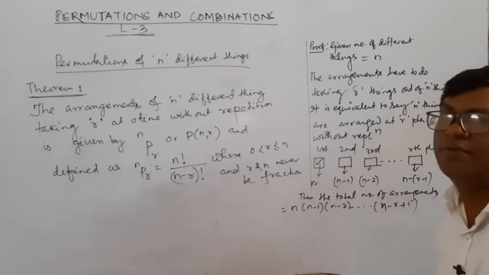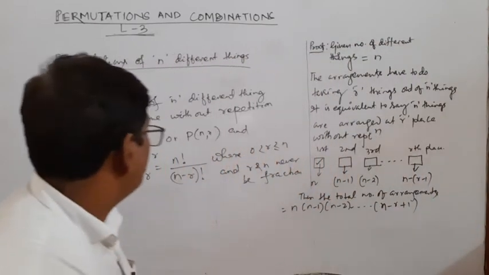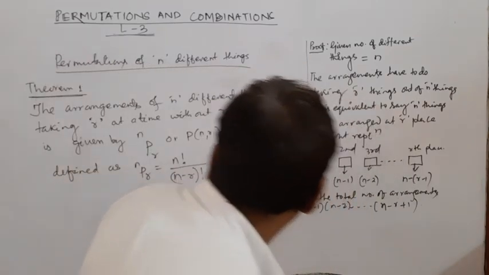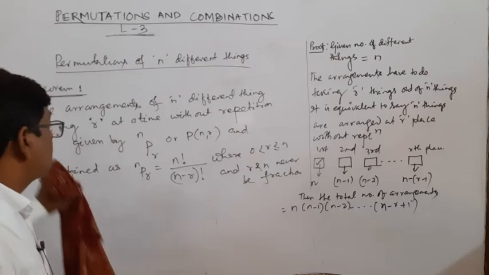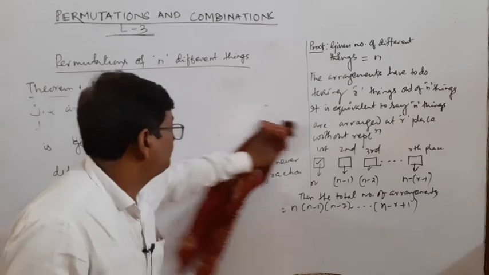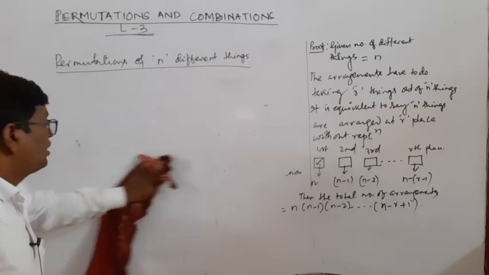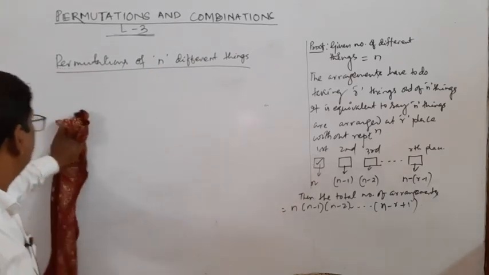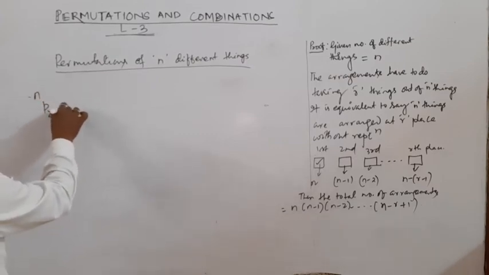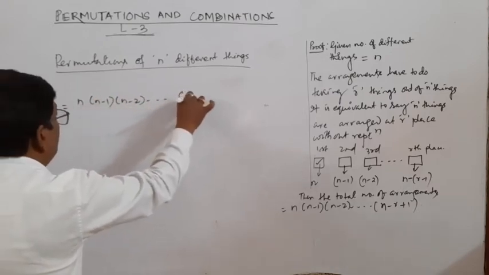This is the total number of arrangements, which is nPr. Now nPr is equal to n into n minus 1 into n minus 2 up to n minus r plus 1.